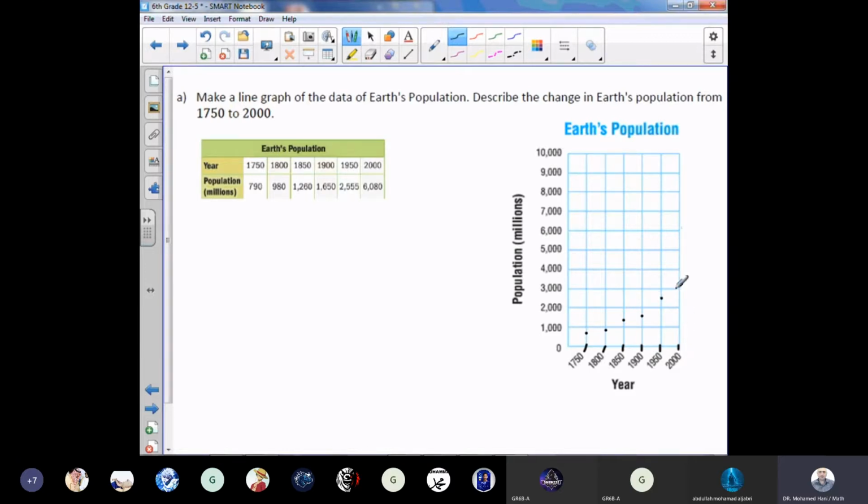And 2000 was 6080. So now that we have our data, we connect each dot with a line, each set of dots.